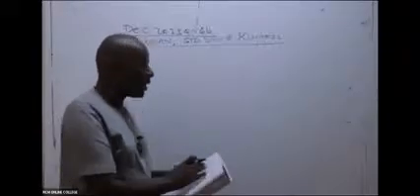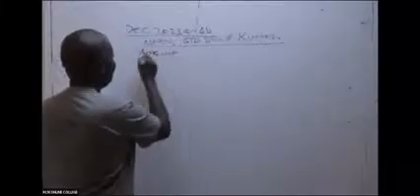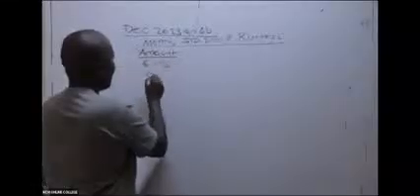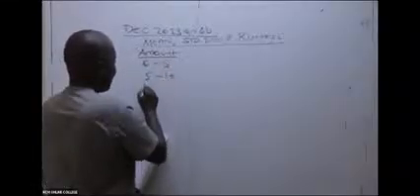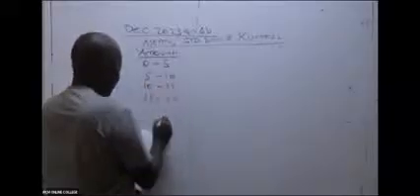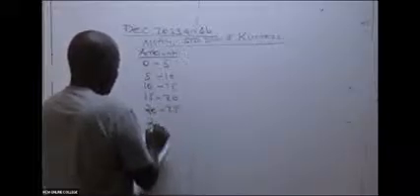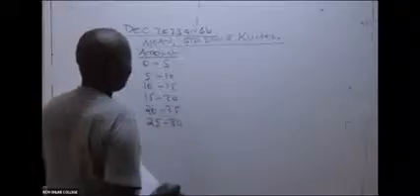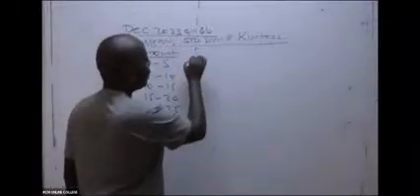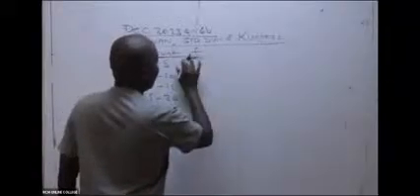So I can see amount spent, $0 to $5, $5 to $10, $10 to $15, $15 to $20, $20 to $25, $25 to $30. All right. And then I'm able to see the number of customers. Those are my frequencies. So they have given me the frequency.